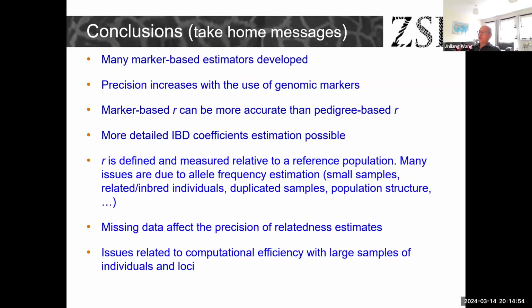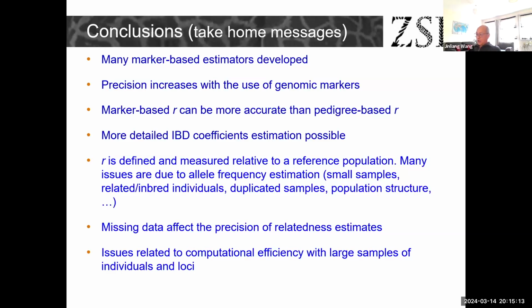Roughly, if we have, for example, 10,000 markers of high quality, of course, no missing data, all those ideal situations, we can get a better estimate of relatedness than a pedigree-based estimate.